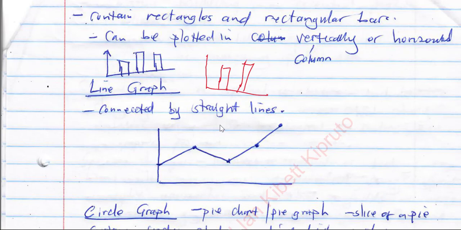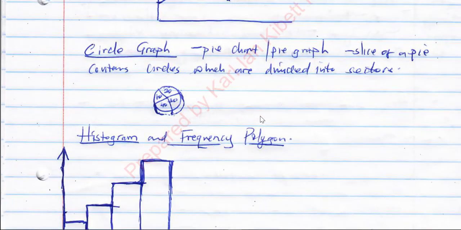Then you have a line graph, a graph that is connected by lines. You put one point, then another, and you connect the lines. Then the circle graph, mostly called a pie chart or a pie graph, has a circle and can give you percentages.